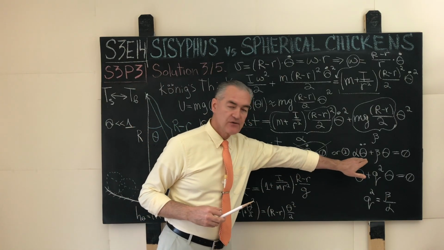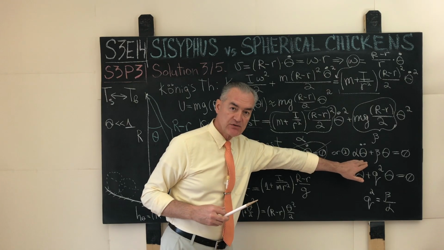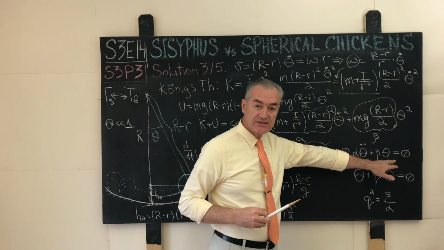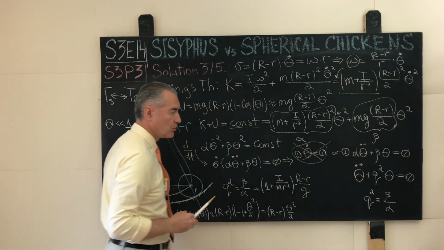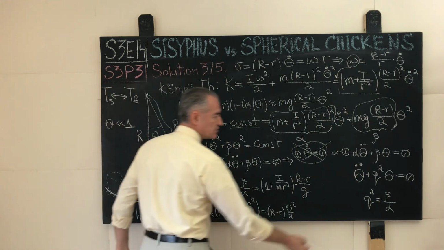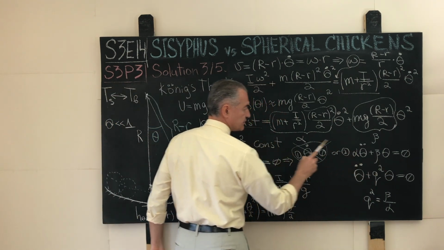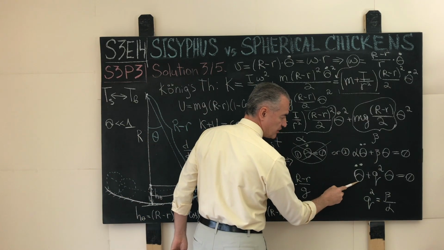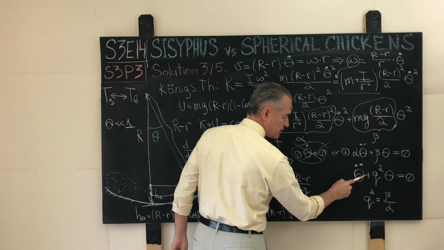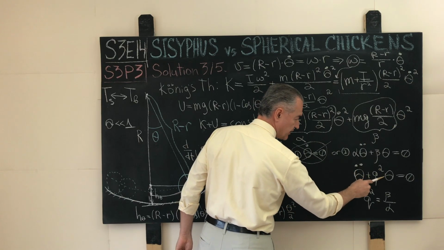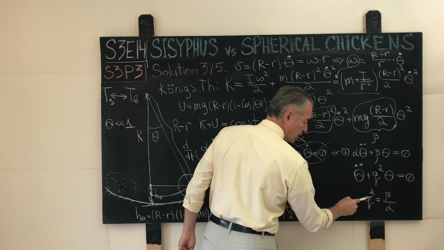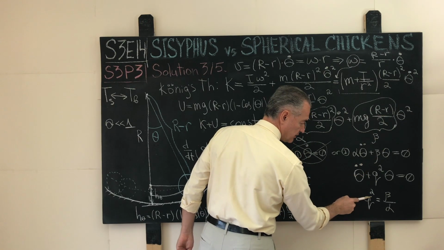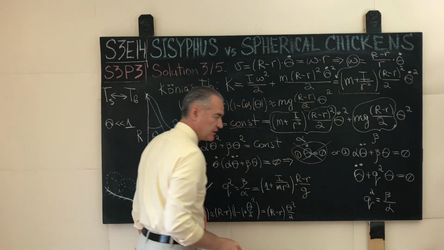So that means only one choice. We have alpha times the second time derivative of theta plus beta times theta itself is equal to 0. Divide both sides of this equation by alpha, which is never 0, and obtain the expression shown over here. The second time derivative of theta plus q squared times theta is equal to 0. Q squared is designated as beta over alpha, and I designate it as a square.